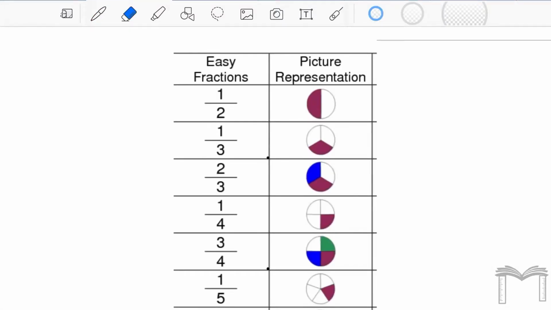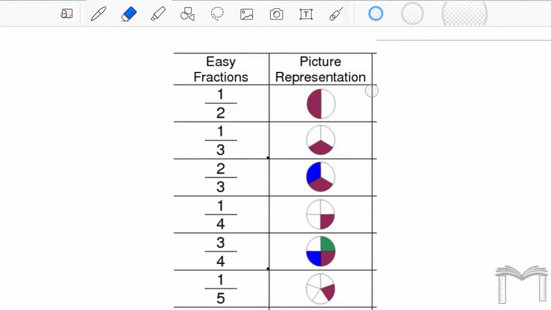Fractions. Firstly, we will look at a few simple fractions. On the left side and on the right side, we have a pictorial representation of those fractions. You can feel free at any time to pause the video and draw in these fractions in your book if you like.